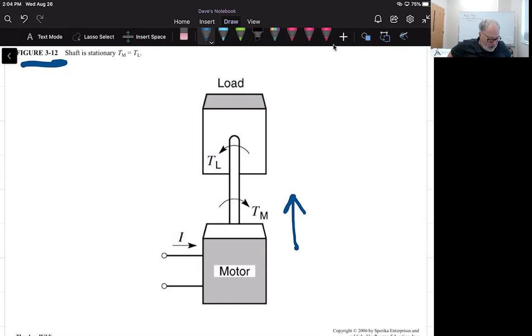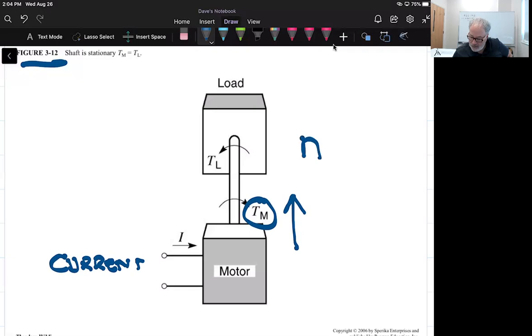And there's a way to do that: we increase the current to this motor. When we do that, the motor torque exceeds the load torque, and while it does, it will cause the load to rotate. Then once it reaches a certain speed that we want, we apply the torque for a certain amount of time.